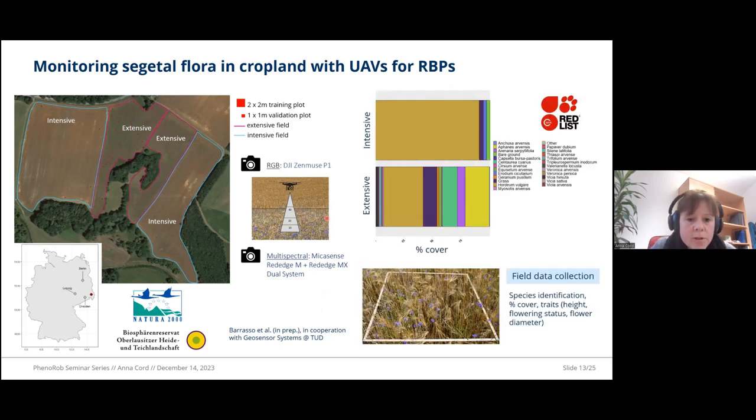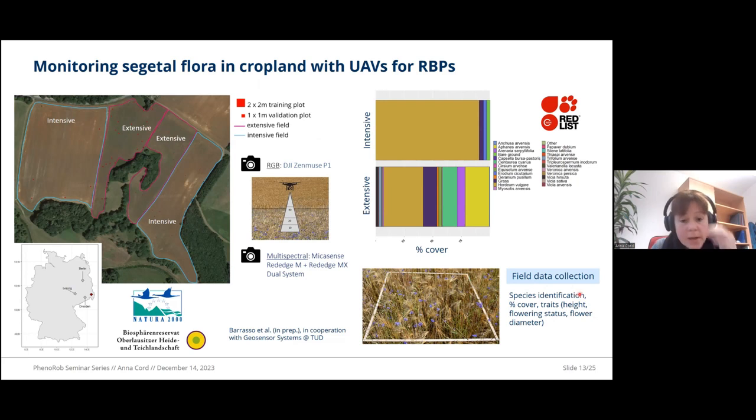The data used are RGB data, multispectral data, and then hopefully we will also get point cloud information. We combine this with a quite intensive field survey of the different floral species with different plot sizes on the training and on the validation plots on both the extensive and intensive fields.